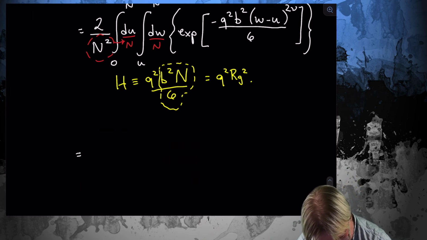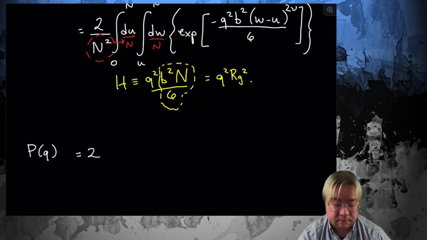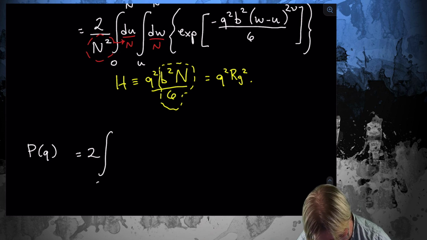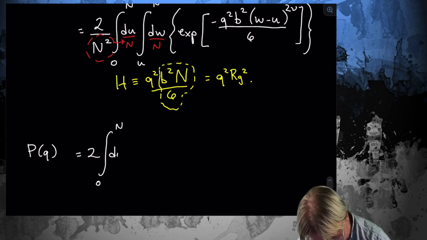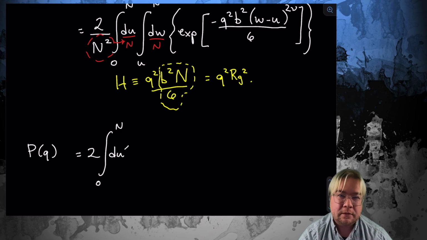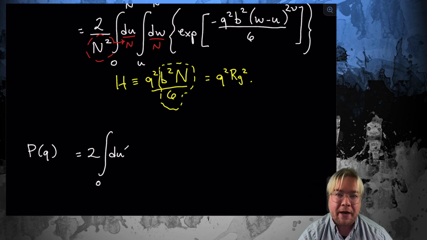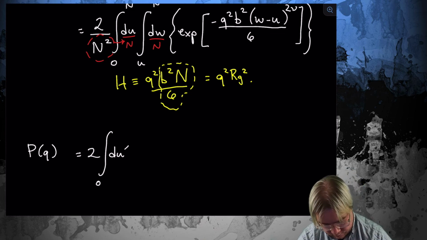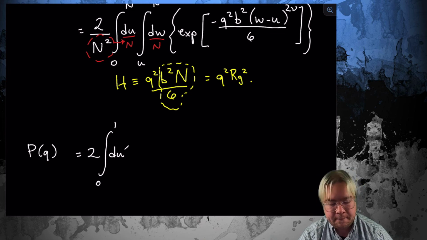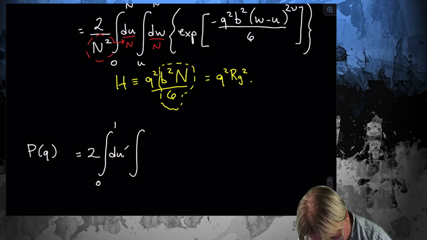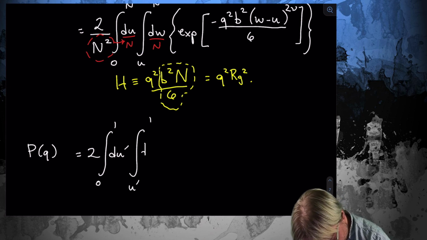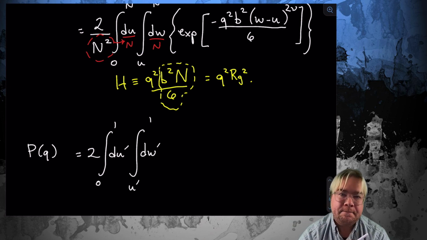We'll have that the form factor is equal to 2 times the integral from 0 to n of du prime, just because it's now been divided by n. Speaking of that, if u is equal to n, then u prime, which is u divided by n, will be 1, not n. The second integral will go from u prime to 1 of dw prime.